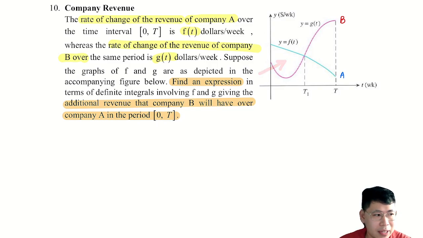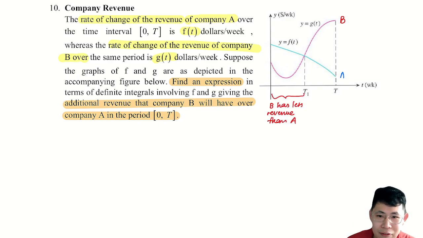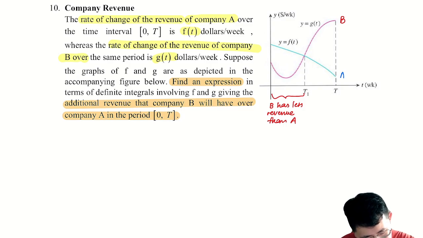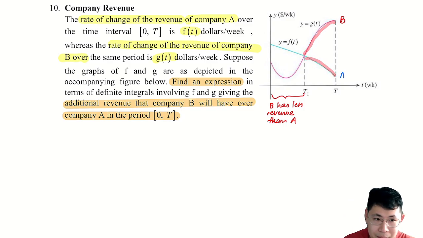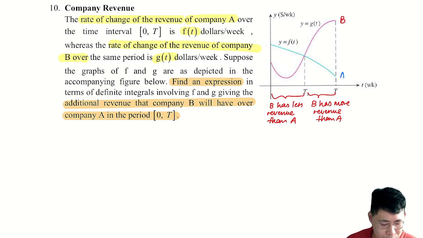In this particular region, the graph of A is above the graph of B, which tells us that A's revenue is higher than B. That means A earns more than B. So this part would be like B. So B will have less revenue than A. So A overtakes B. Now in the second part, we see that the curve of B is above the curve of A. So in this section, B has more revenue than A.